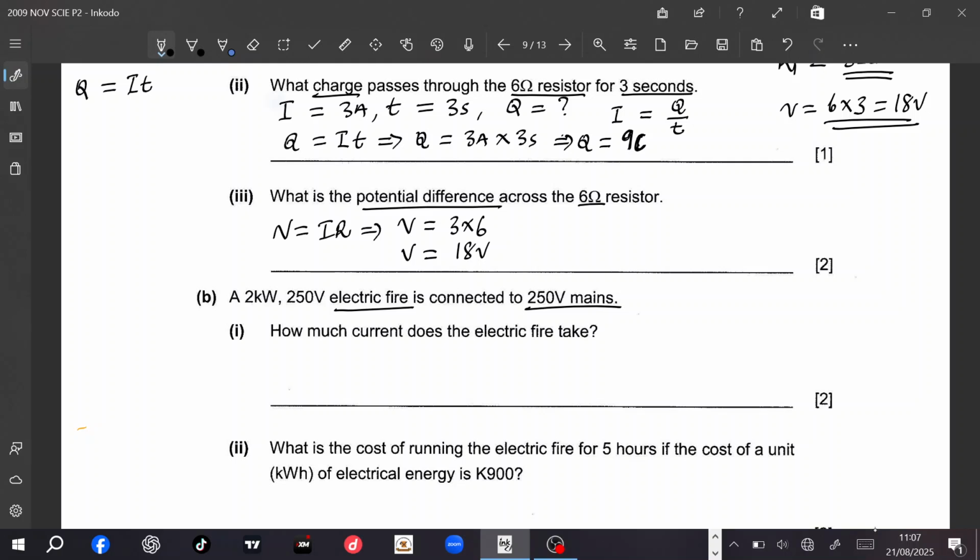Now the information here, 2 kilowatt, is what we call rating. Rating shows how much power a particular device uses. So for this electric fire, they're telling us it uses a power P of 2 kilowatts.